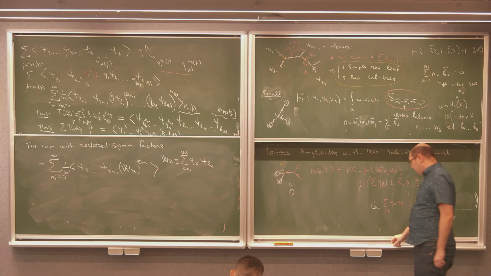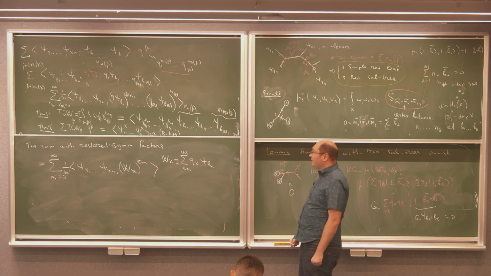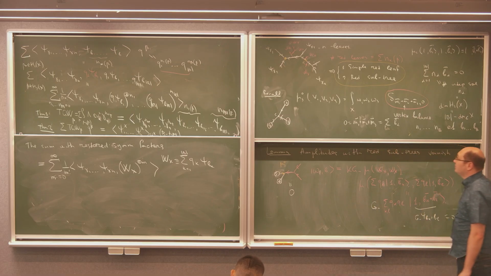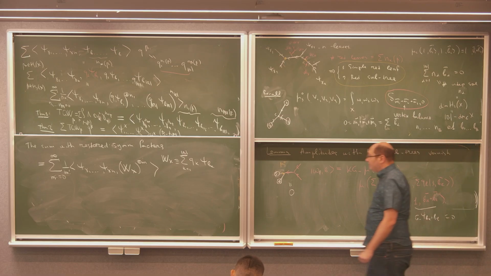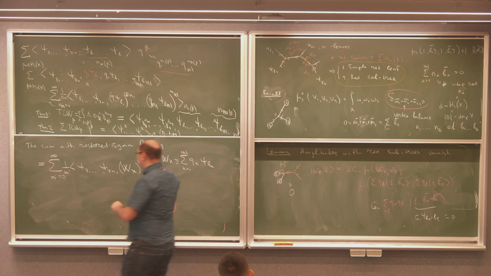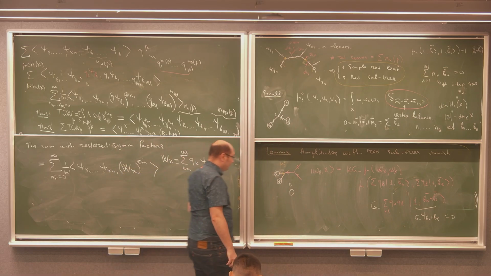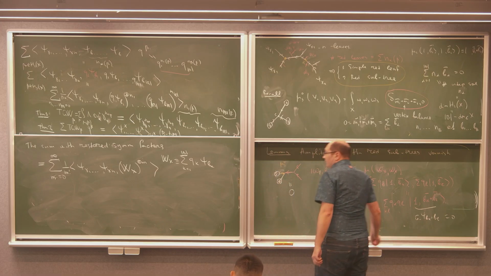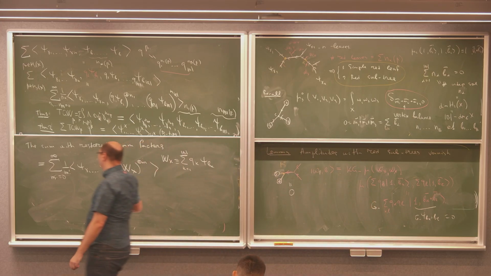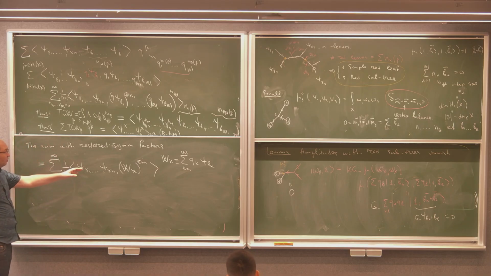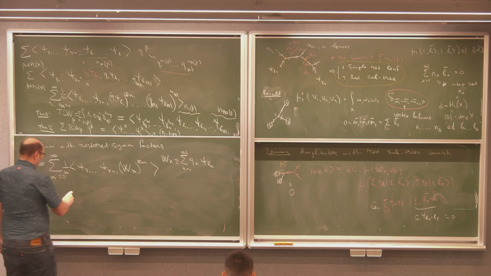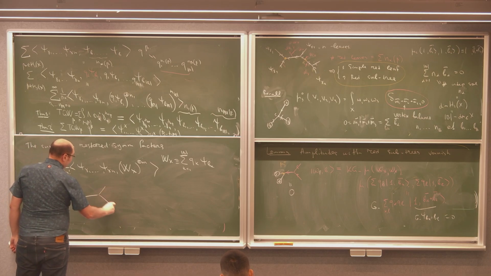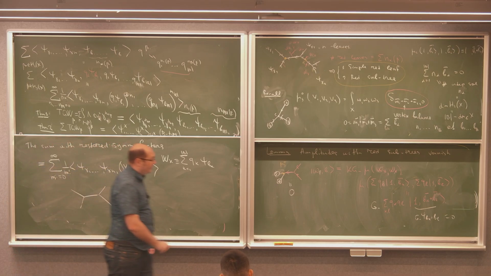So that is another simplification that allows us to perform the summation, because right now the only amplitudes that contribute to this correlation function are amplitudes on trees that are constructed in a very special way.